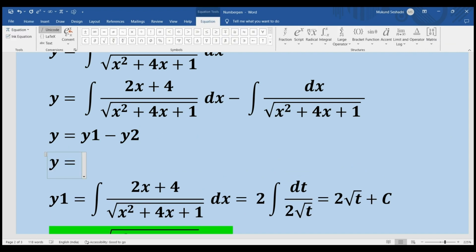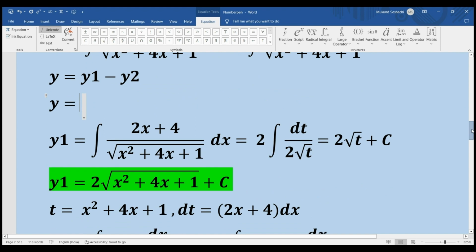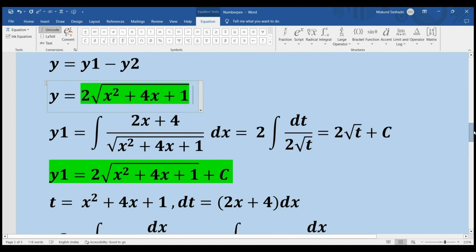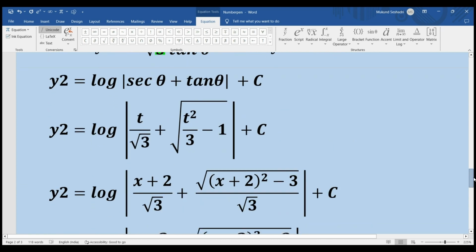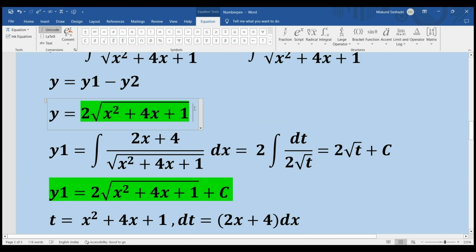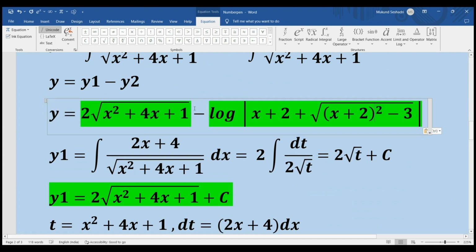My y equals y1. Don't have to do anything, just copy paste as it is. We can take a look at the constants towards the end. 2 times the square root of x squared plus 4x plus 1, and then I pick up my y2, and remember that we have a minus sign out here, and then I have my constant c.